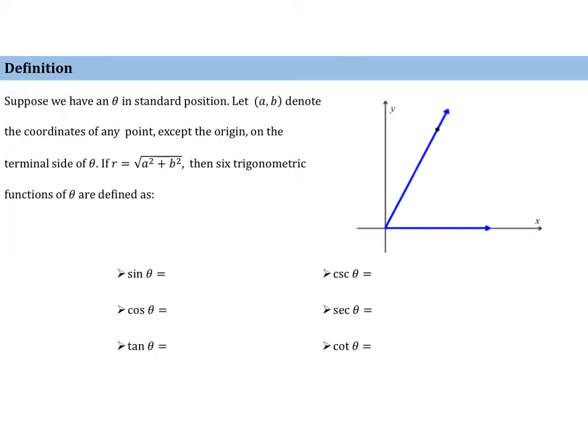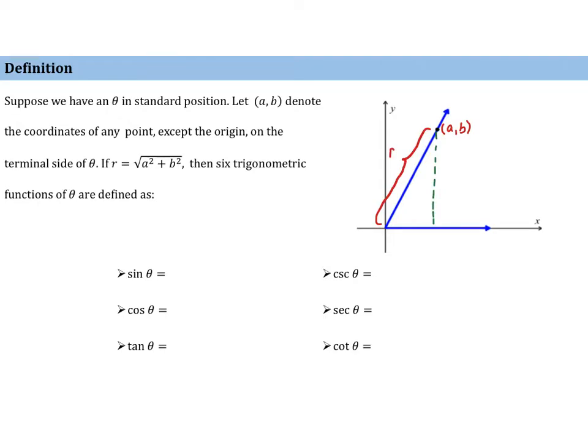And to do so, let's look at an angle that's in standard position. If we let (A, B) be any point on the terminal side, and then R is the distance of that point to the origin, then one nice thing that we could do is we could drop a perpendicular line segment to the horizontal axis.